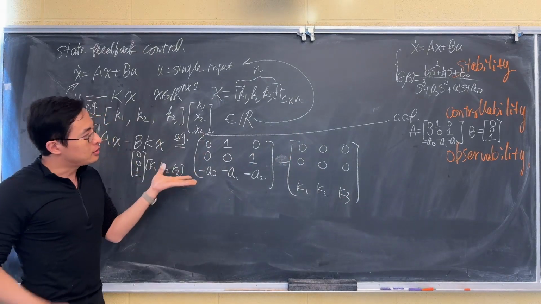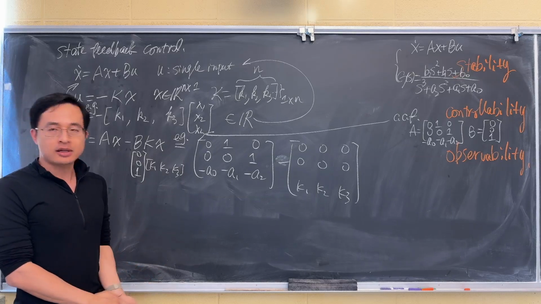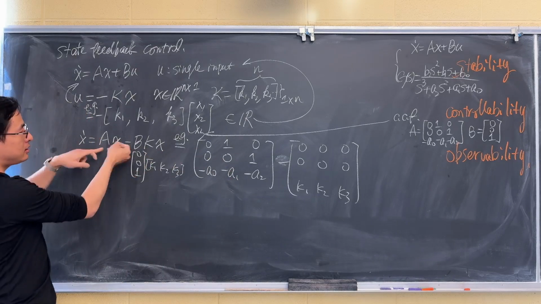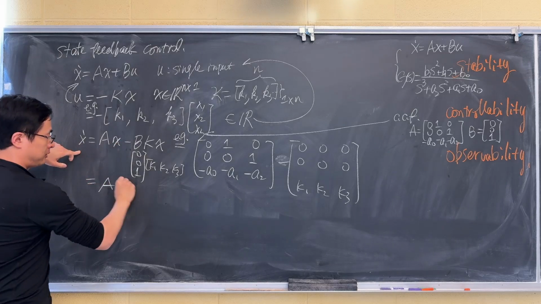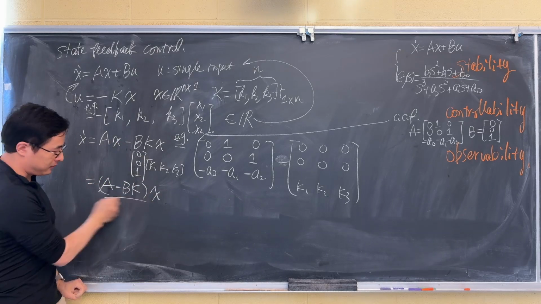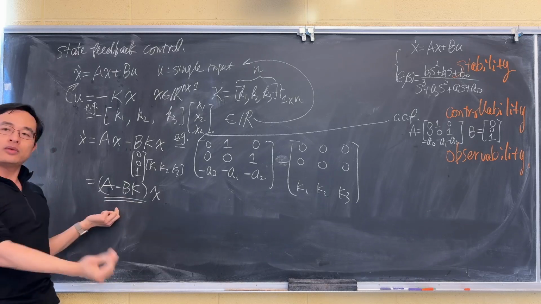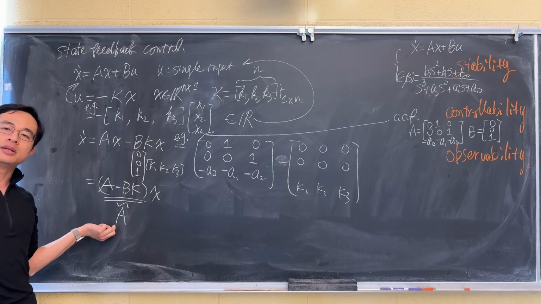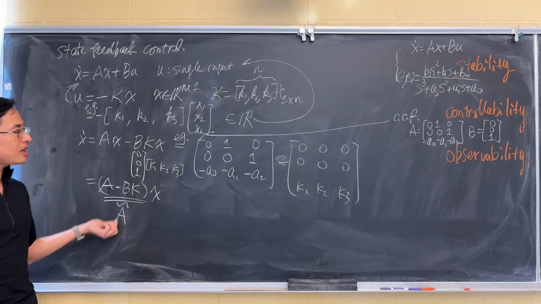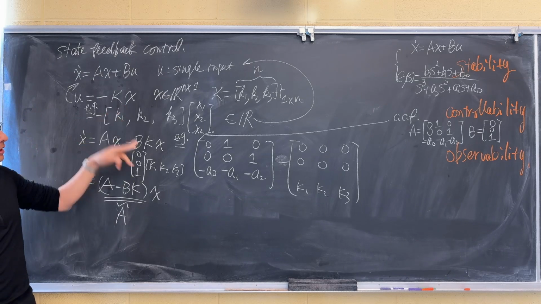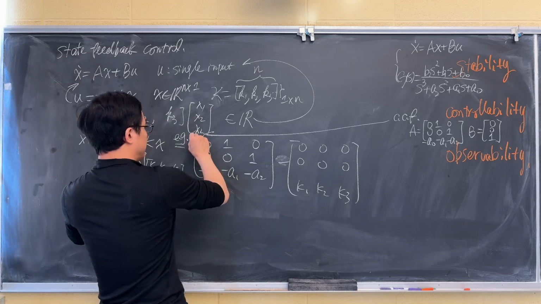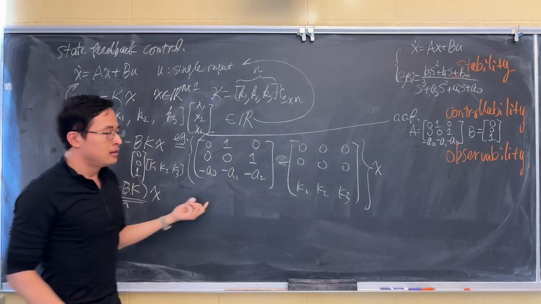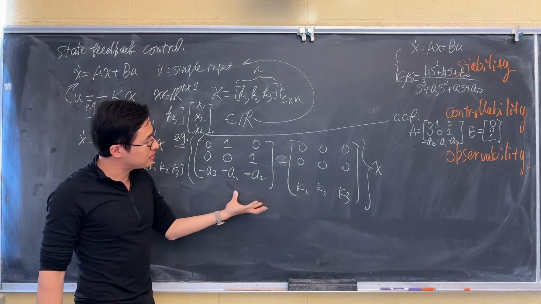So your controllable canonical form makes the new system dynamics. This is the equivalent A matrix, A tilde, that can tell us about the stability of the system under your feedback control law. And look at how simple things are.